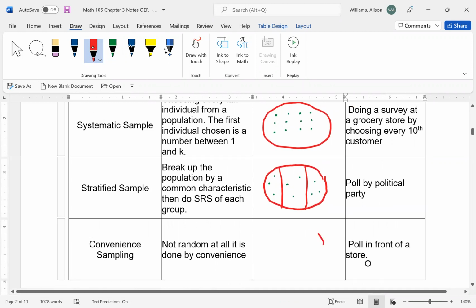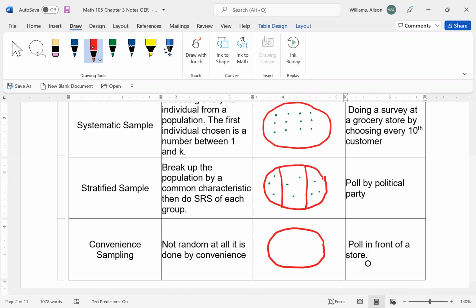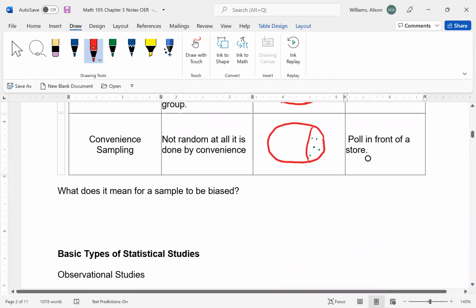For this one, here's our population, but because it's a convenience sample, we are ending up with this kind of weird side group of the population that we are getting people from. And therefore, the problem with a convenience sample is it's not representing necessarily the population. And that means that we have potential for bias.